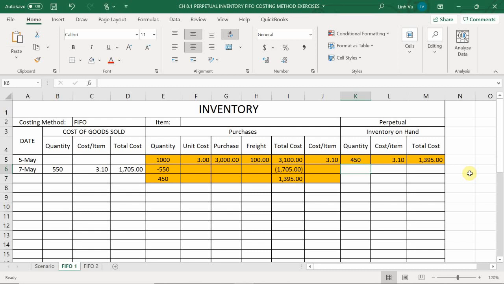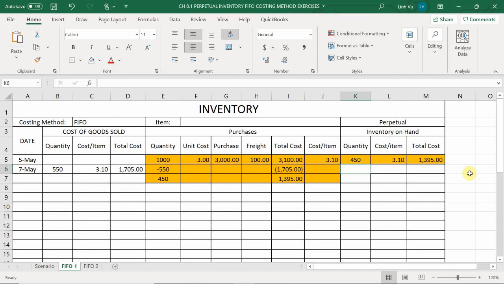In reality, I don't do it like this. As we progress, you don't need to have this. You could simply say I bought 1,000, get rid of it, and update your inventory on hand as much as you want. But in this case, because I'm going to post the answers after this, you need a clear vision of where the numbers come from. Okay, thanks.